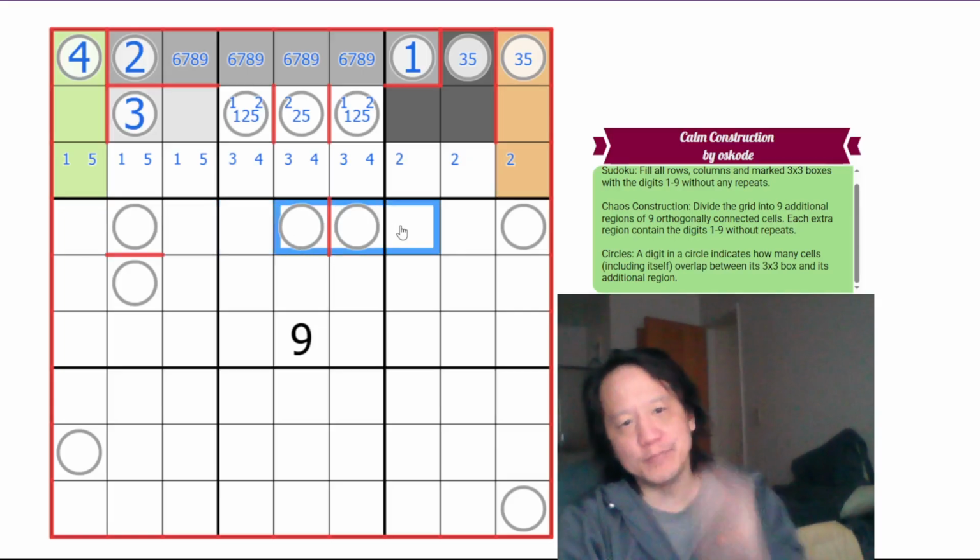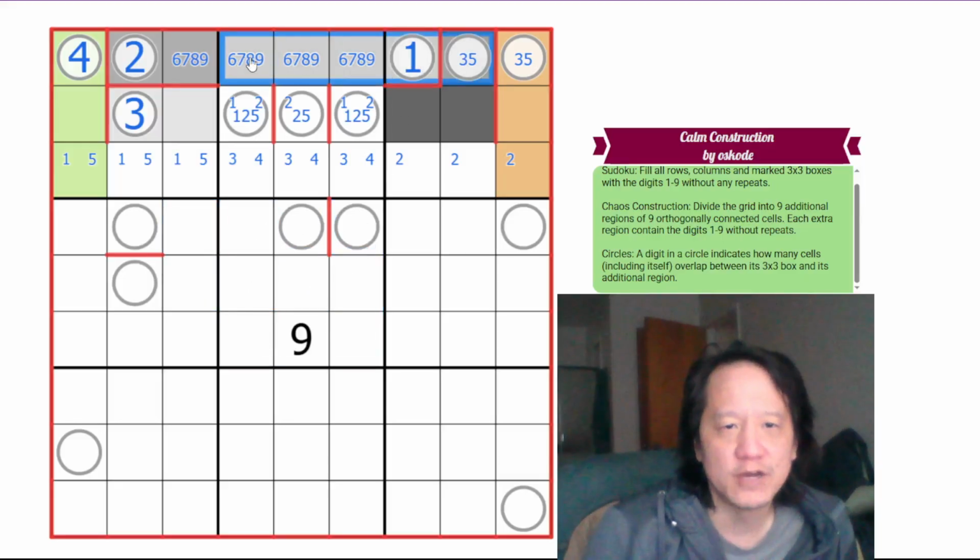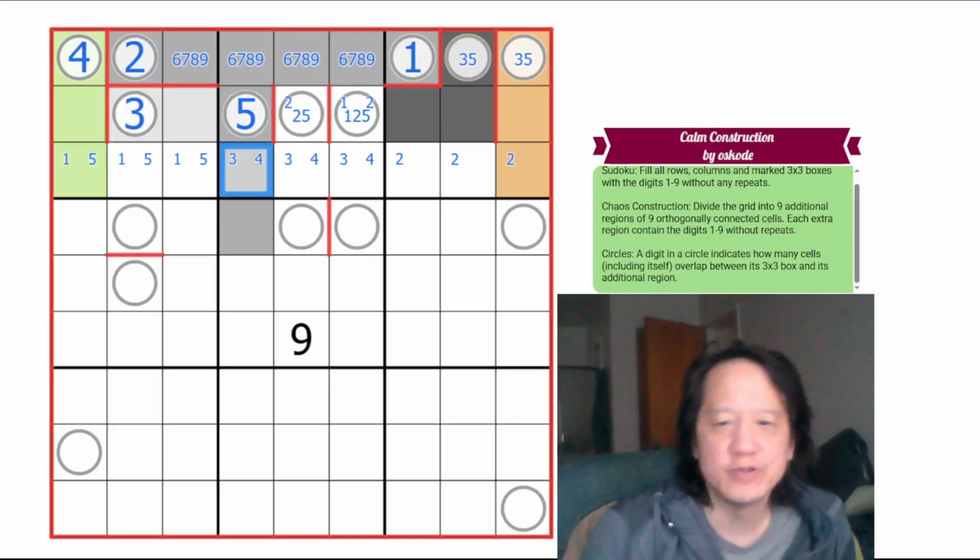But it cannot be this cell, because if that were 3 and 4, that would mean 3 or 4 cells would have to be in that 3x3 box, which is obviously not possible. So this must be the other one, which makes this 3 and 4. So this must be 5, and this must be a 3, 4 pair.